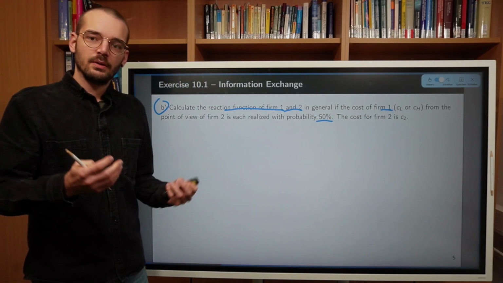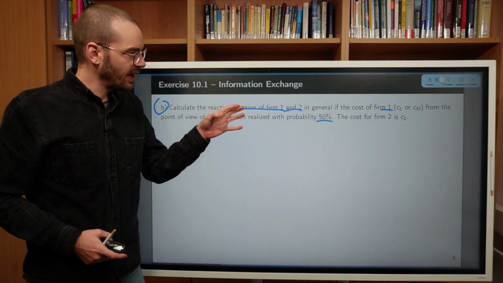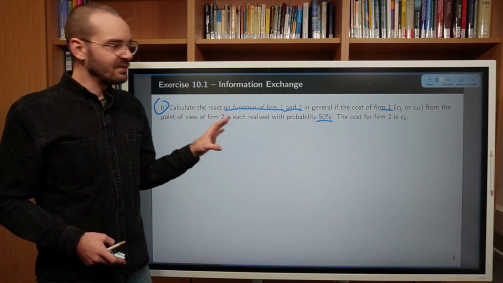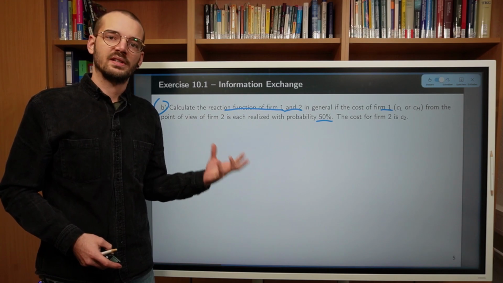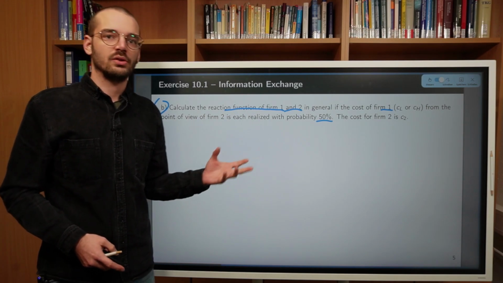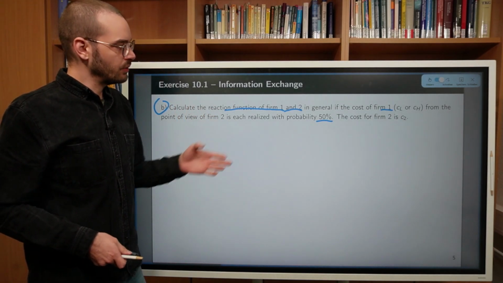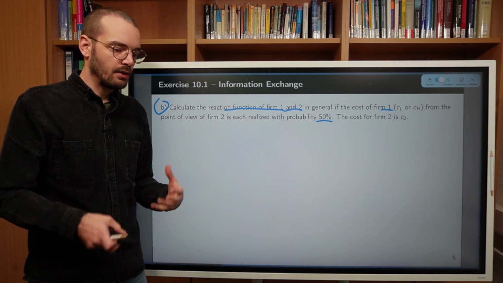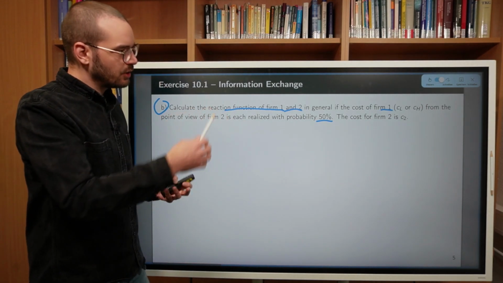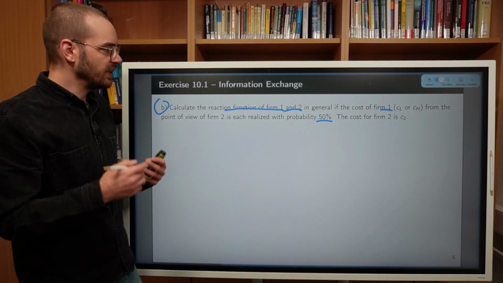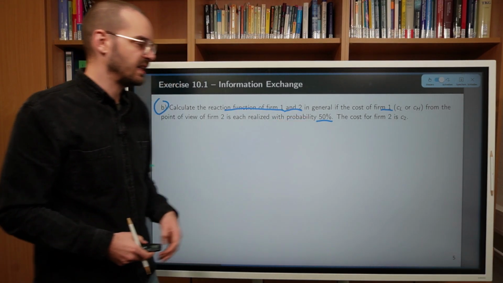All right, so we are now back to the model we described in the very beginning, where the actual costs of firm 1 are private information of firm 1, and firm 2 has to form expectations regarding the actual costs of firm 1. We are going to assume that both of these states are of equal probability, so that high costs as well as low costs are both realizing with a probability of 50%.